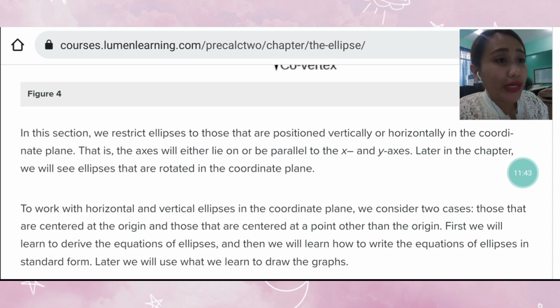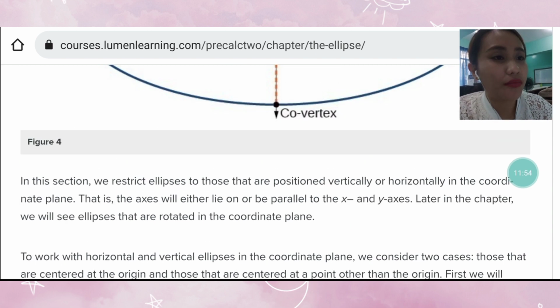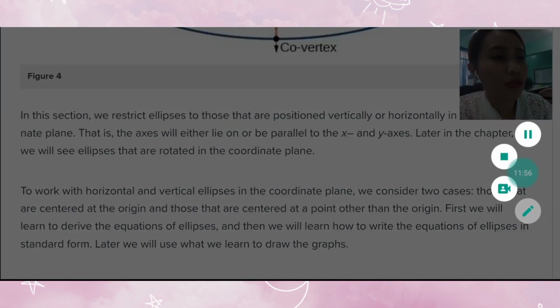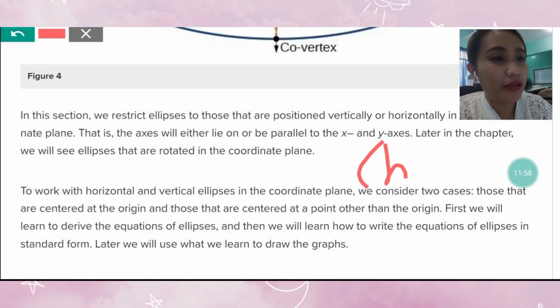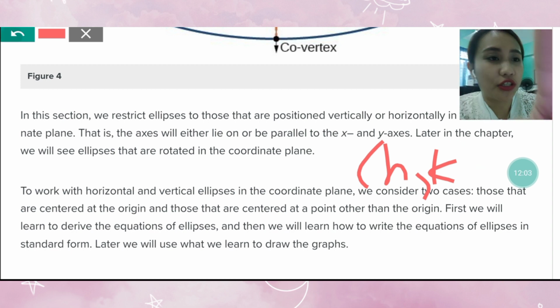If our ellipse is at the origin, we know that the coordinates of the center are (0, 0). But if our ellipse is not at the origin, the center will be represented by (h, k), which I will be discussing later.